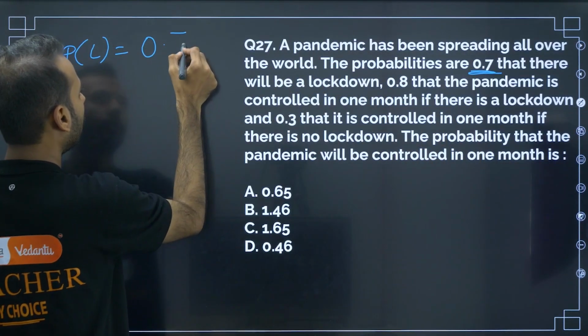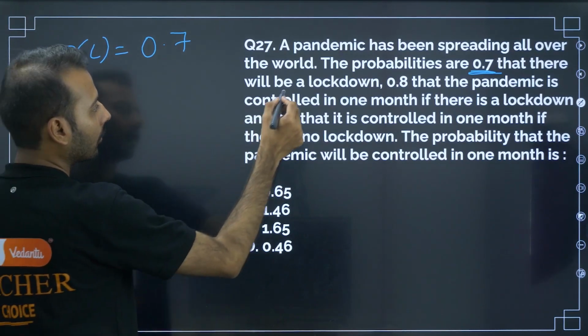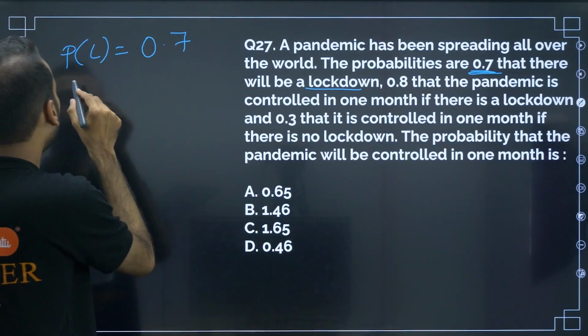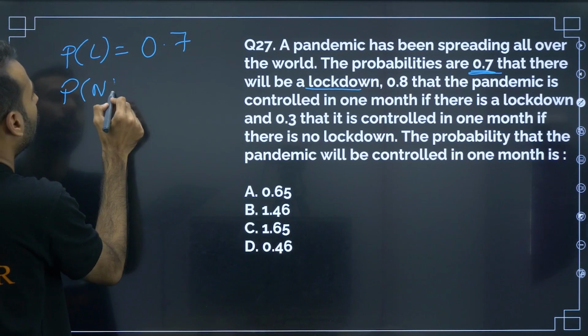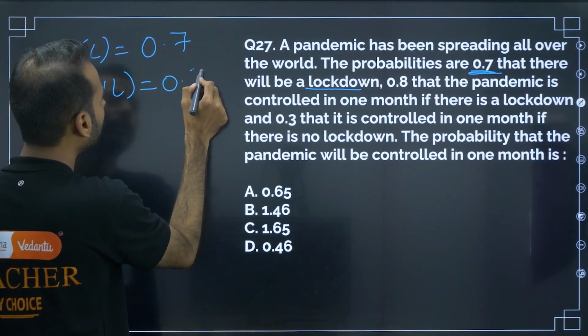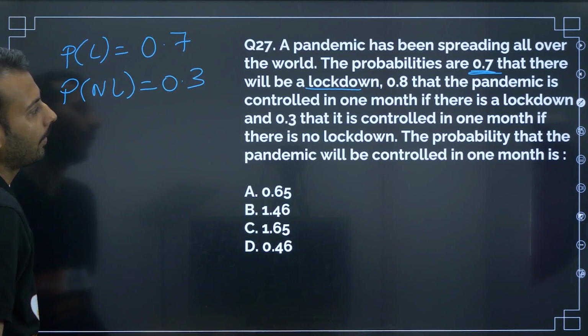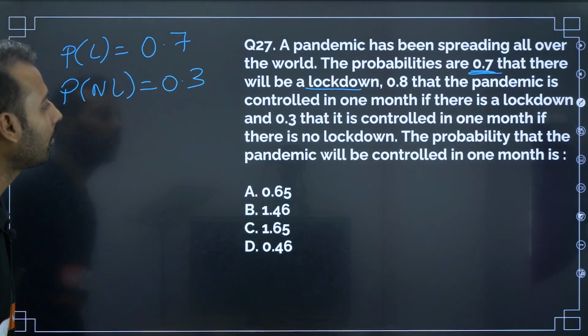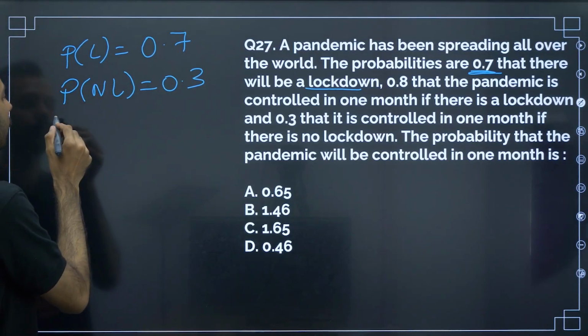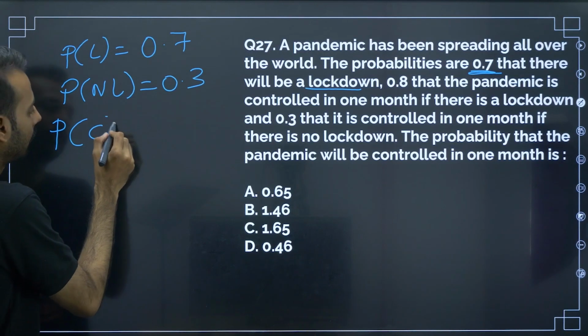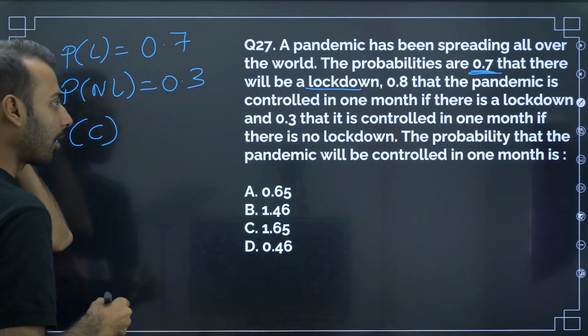Lockdown 0.7 means no lockdown 0.3. Then 0.8 that the pandemic is controlled in 1 month if there is a lockdown.